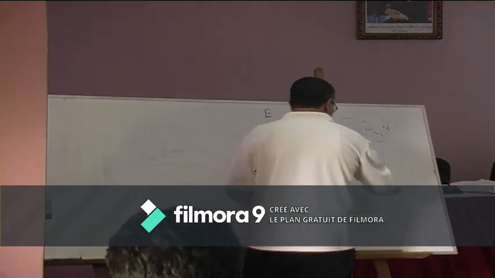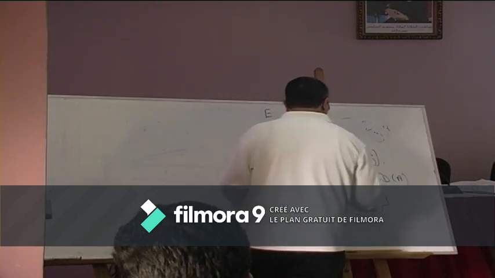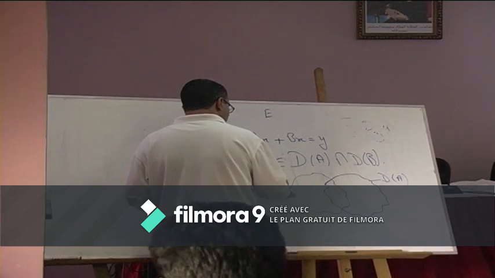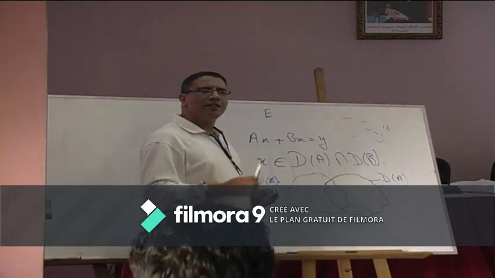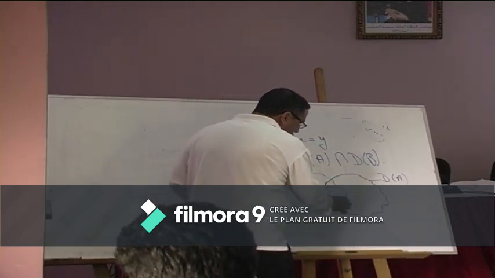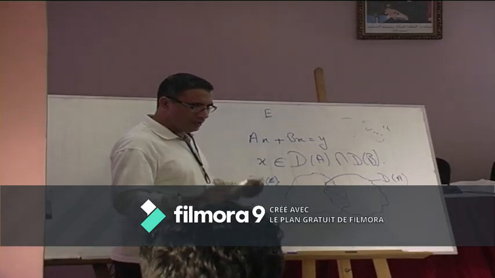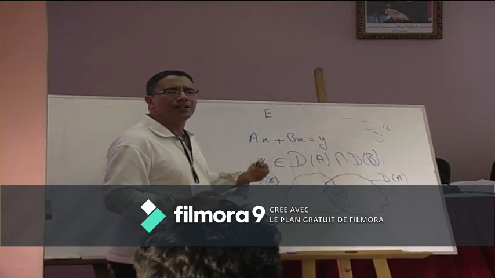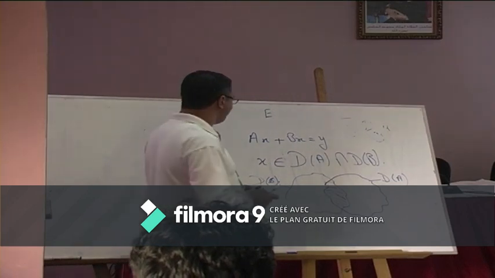If you have the domain of A here, and the domain of B, the problem has maximal regularity means that you can find the solution x in the intersection of the two domains. And I will explain this in the words of Mr. Abbas, as we have seen in the morning.